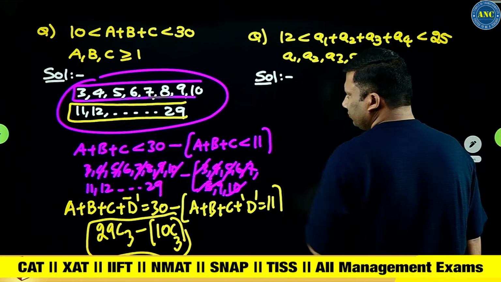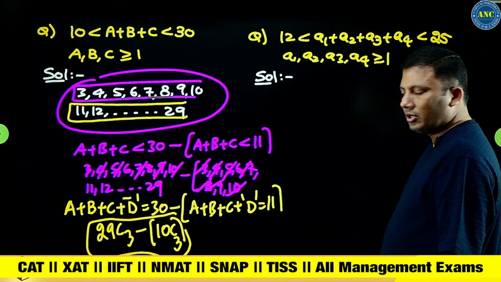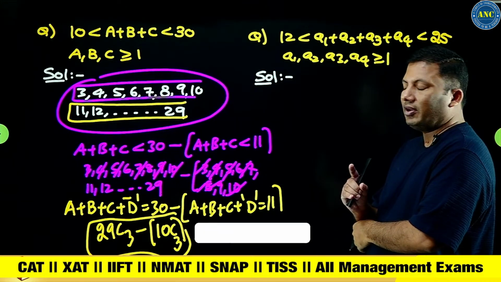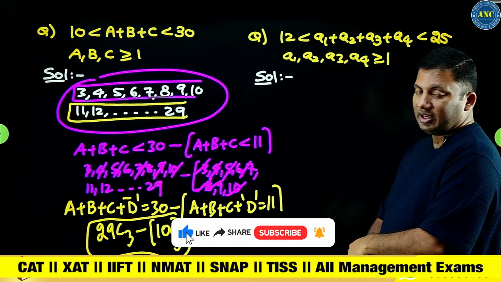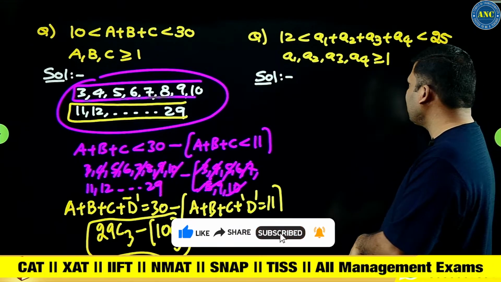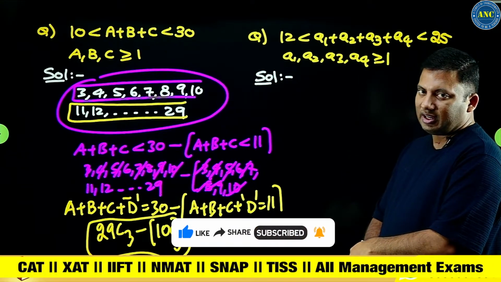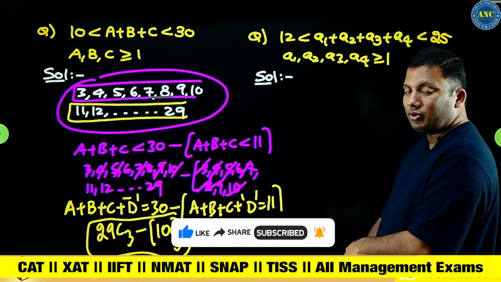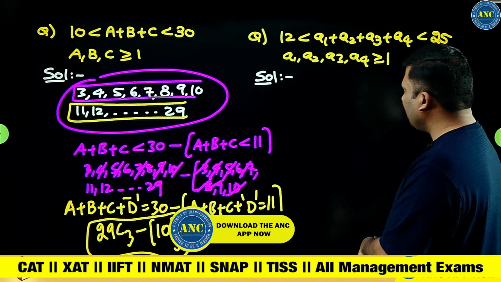Solution. 12 less than a1 plus a2 plus a3 plus a4 less than 25, a1, a2, a3, a4 greater than or equal to 1.